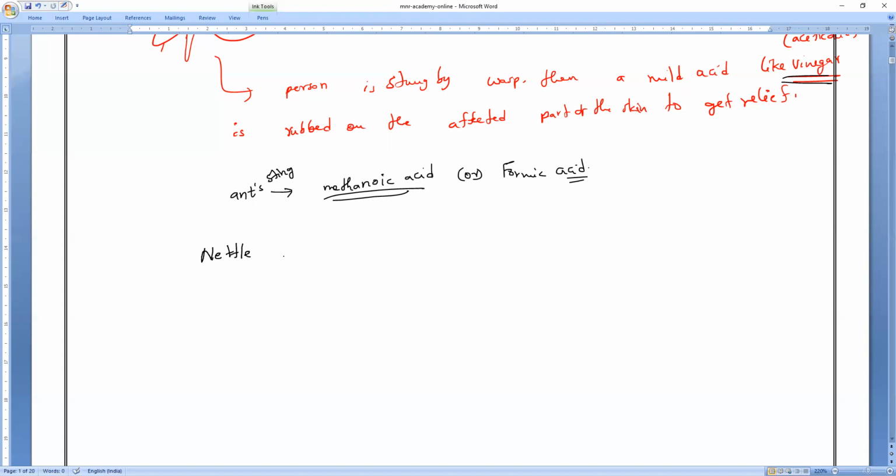Nettle plant is one of the most important plants. If you want to irritate your friends continuously with itching, just take this plant leaf carefully and rub it on the surface of the skin, and immediately it will cause more and more itching. Continuously, it will be very, very painful.